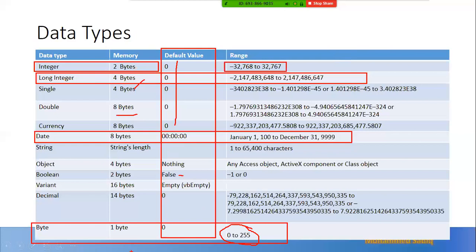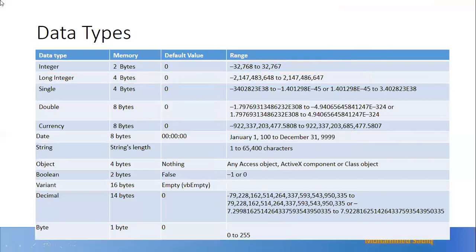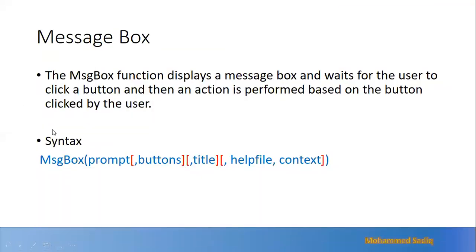But if you use a Byte, it will occupy just 1 byte for storing that same value. You can also use it for the marks of a student. So these are some of the data types supported in VBA.